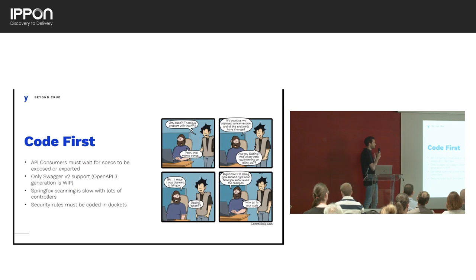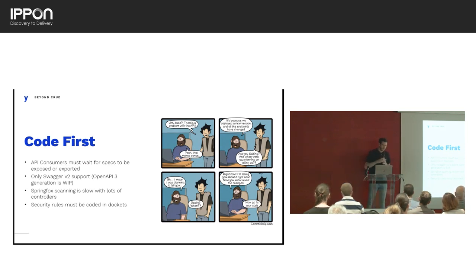It has some limitations. As I said, API consumers have to wait. For now, only Swagger 2 is supported. Springfox, which is the library that scans the controllers, is quite slow when you have a lot of entities, so it can even slow down the startup of your application.